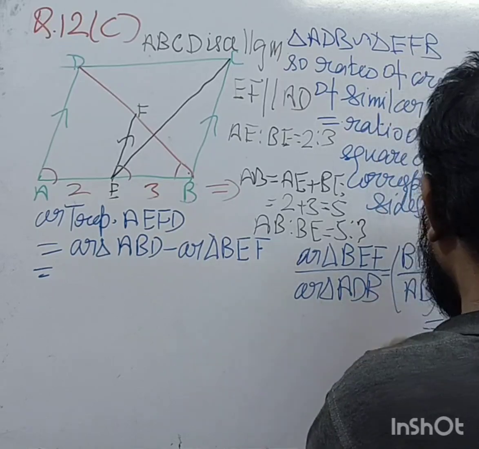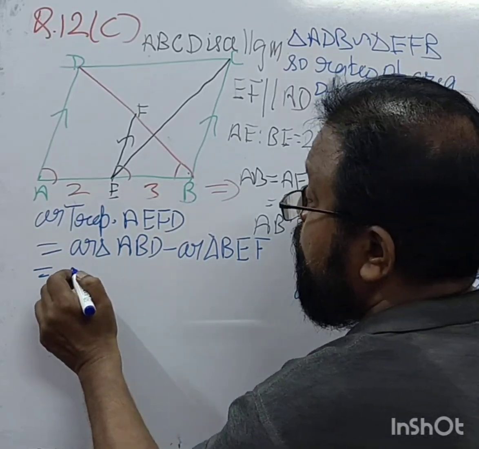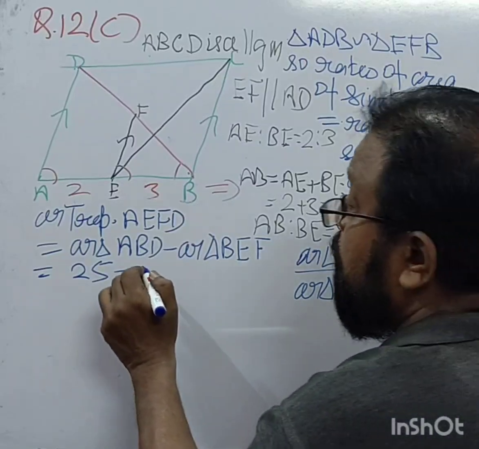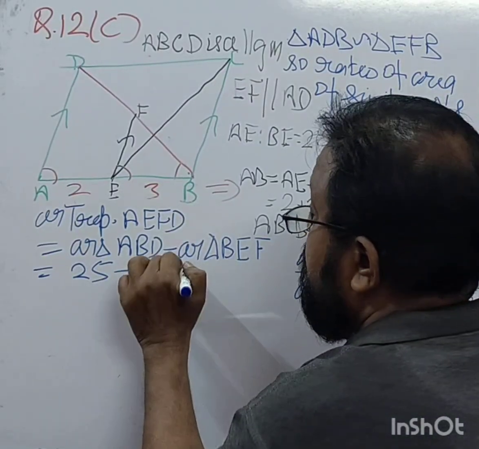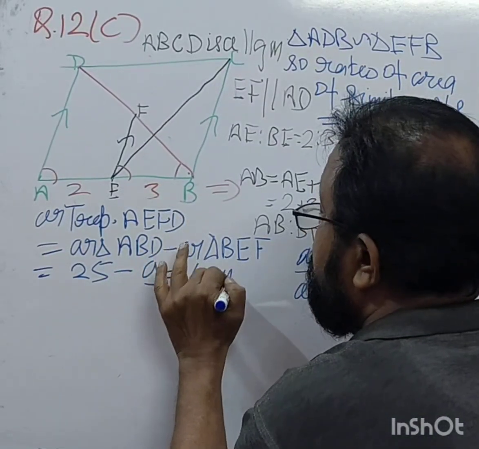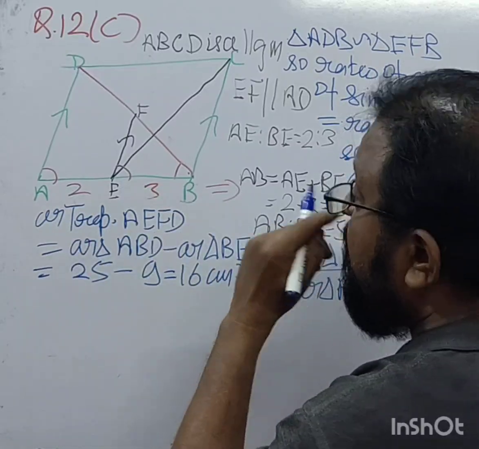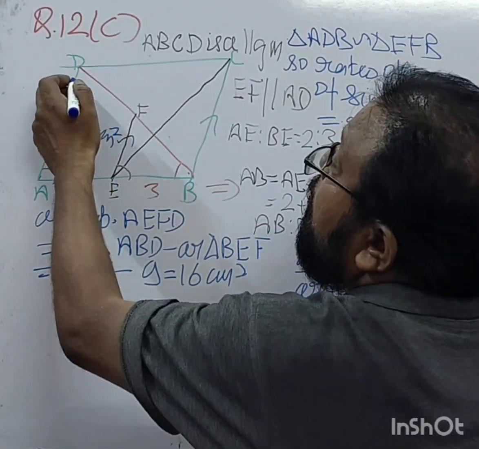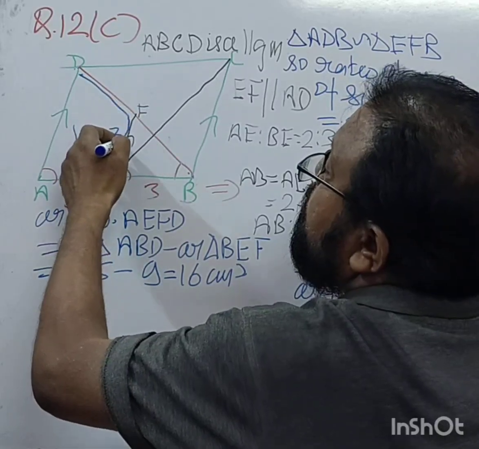So area triangle ABD is 25 minus 9 is equal to 16 centimeter square. Area trapezium is 16 centimeter square. Right? This.